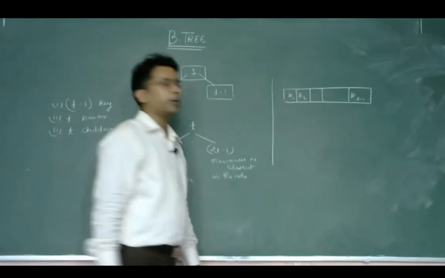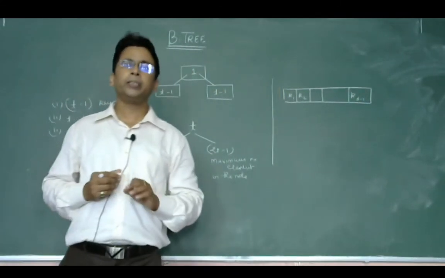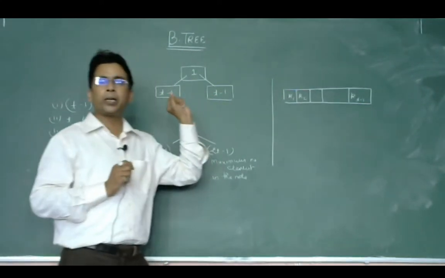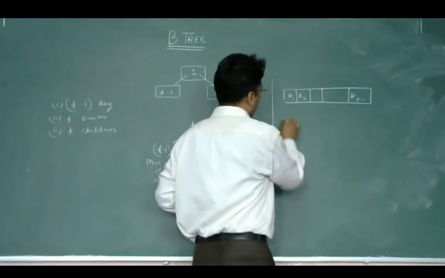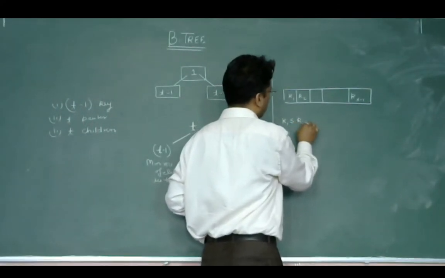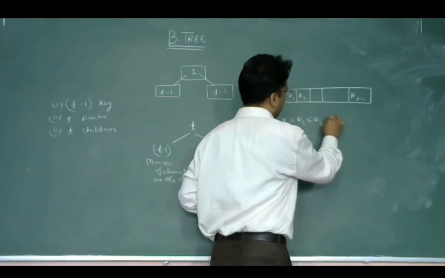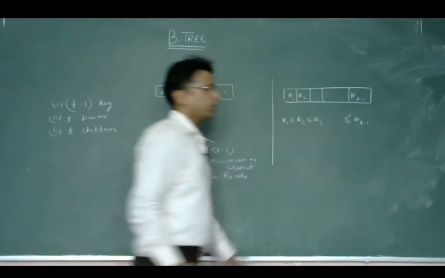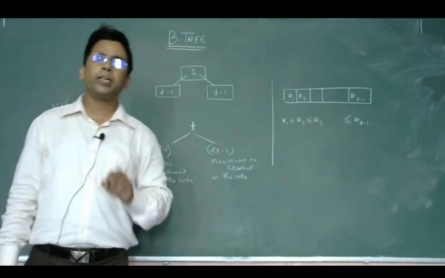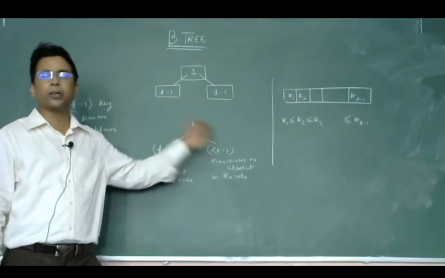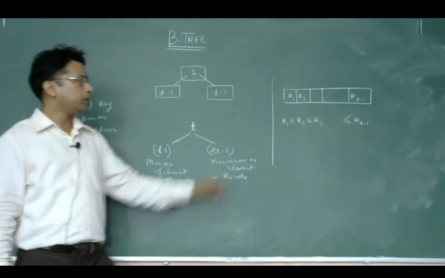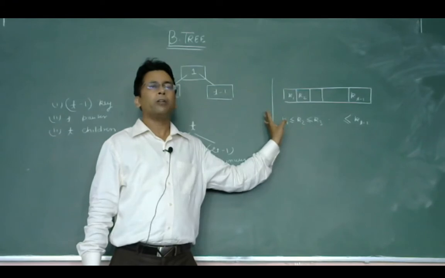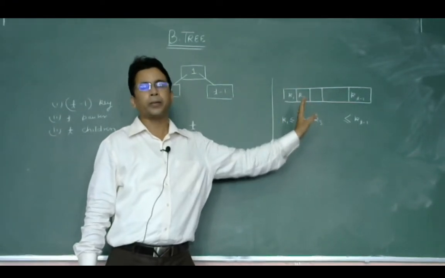When we store the elements in the B tree, then there is a relation between these elements. They are stored in ascending order. It means K1 is smaller than or equal to K2, K2 is smaller than or equal to K3 and so on, and so on up to Kt minus 1. So in a B tree, the key elements are stored in ascending order only. It means two consecutive elements may be equal, but they are arranged in increasing order.